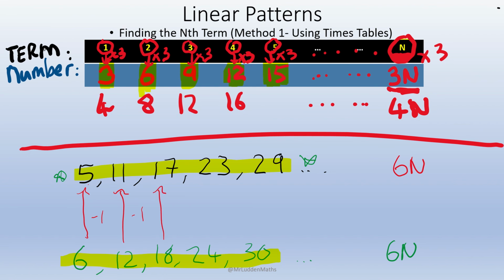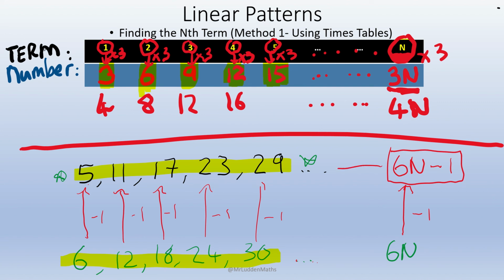To get from 18 to 17, take away 1. And that pattern is going to continue on all the way. If I continue it all the way up to my nth number, so 6n, if I take 1 away, well, what I'm going to end up with is 6n take away 1. And that right there is the name of that pattern.